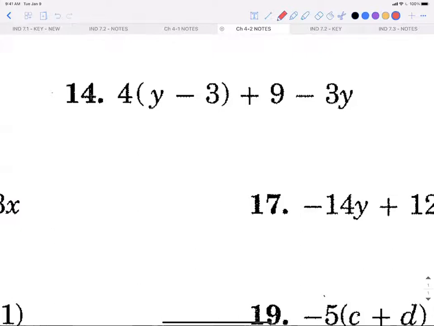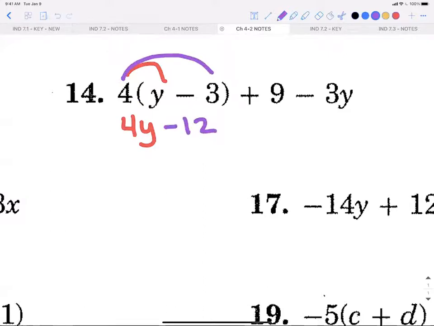So I'm going to distribute 4 times y, which is 4y. Then I'm going to take 4 times negative 3, which is negative 12. And then I'm just going to write plus 9 minus 3y, because I didn't do anything with those yet, okay? All I've done right now is distribute to get rid of my parentheses.